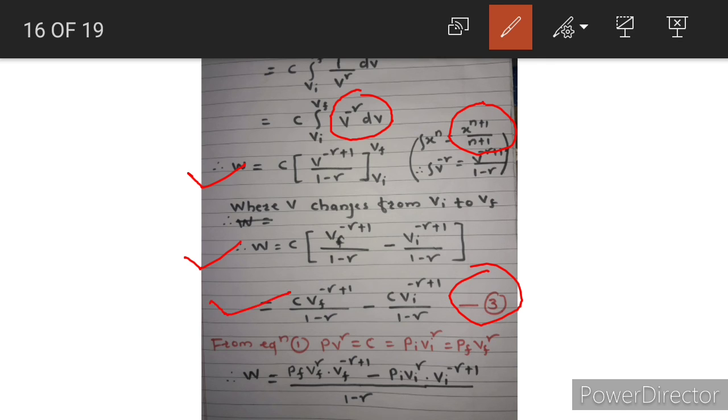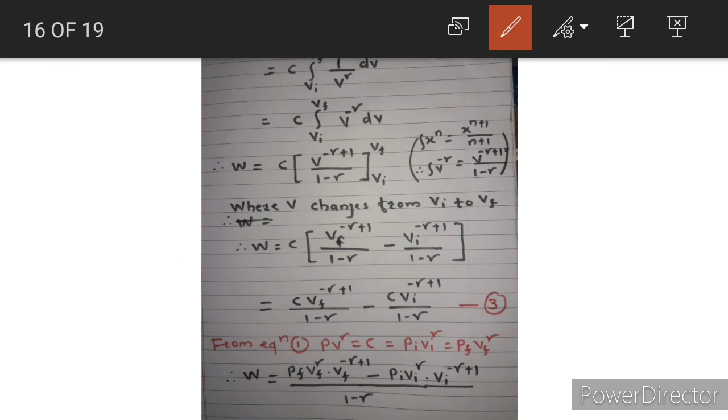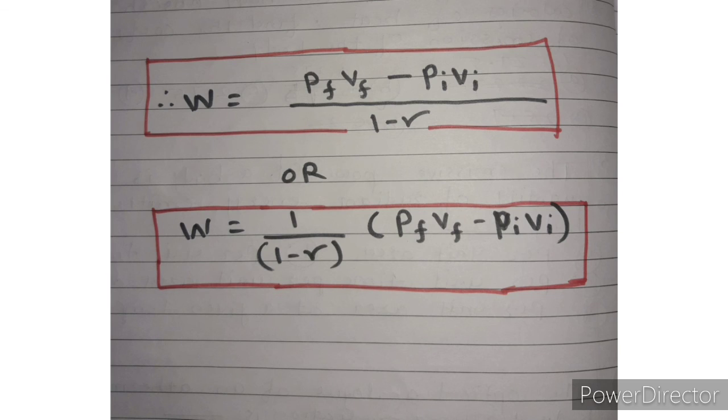Therefore W is equal to Pf Vf raised to gamma into Vf raised to minus gamma plus 1, minus Pi Vi raised to gamma into Vi raised to minus gamma plus 1, divided by 1 minus gamma.